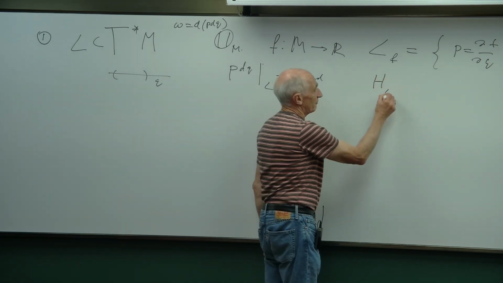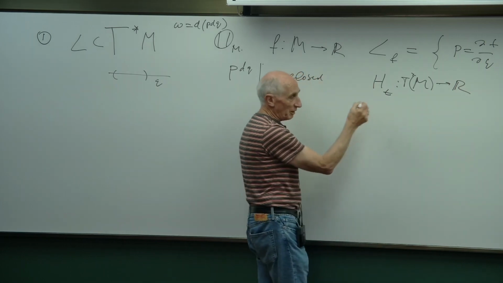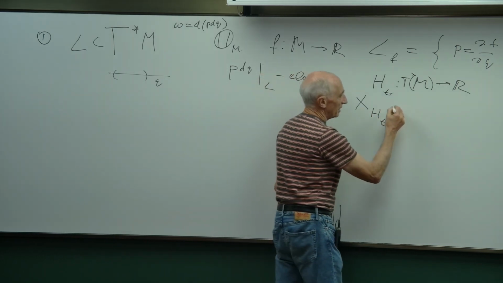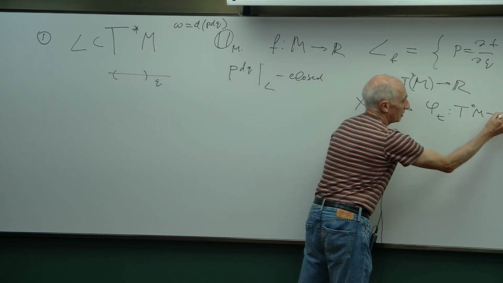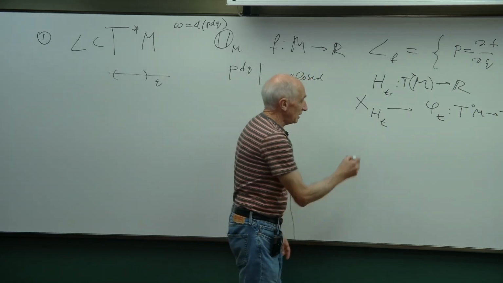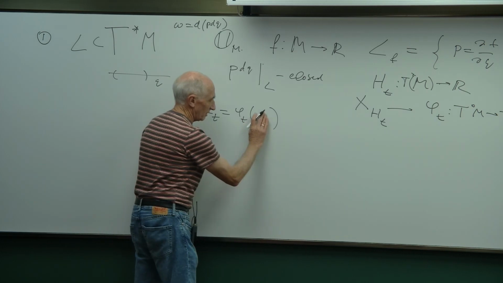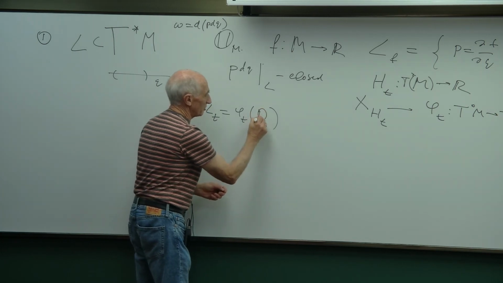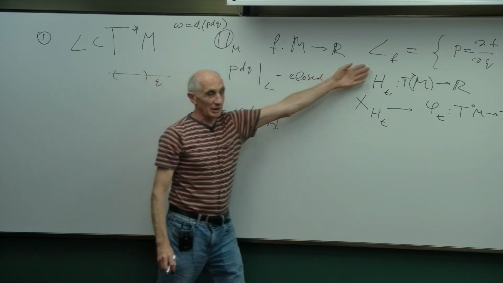That means you take a family of functions on the cotangent bundle, and this family generates a Hamiltonian vector field, which generates a Hamiltonian isotopy, a family of symplectic transformations. Then we can take L_t = phi_t of the zero section 0_M.